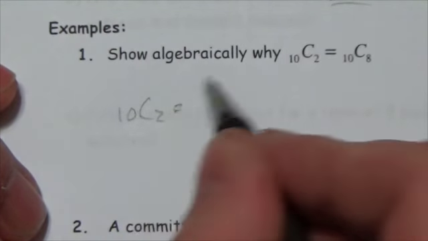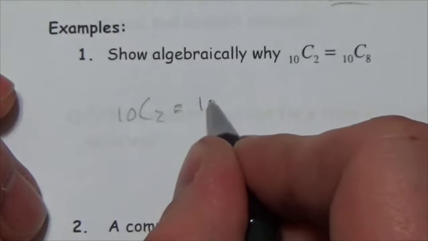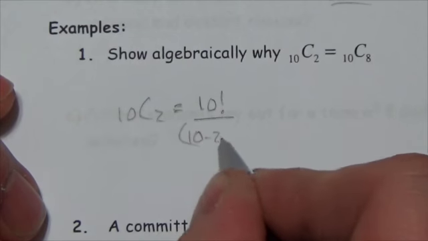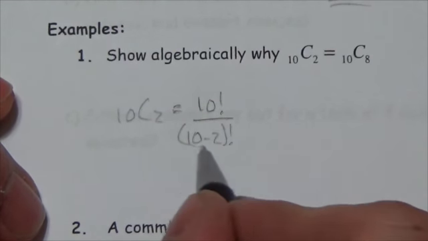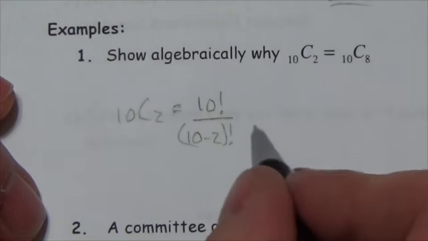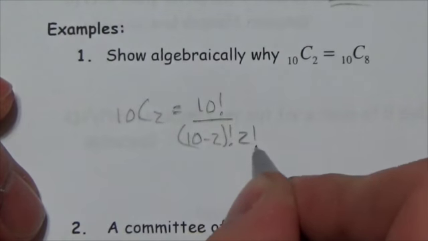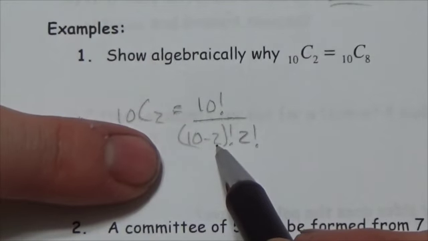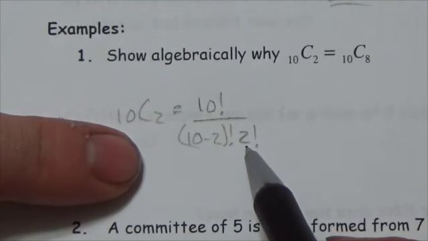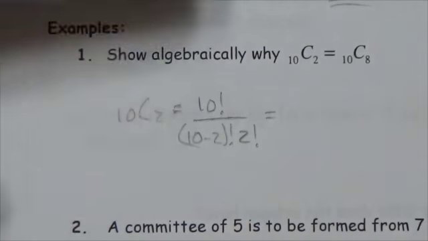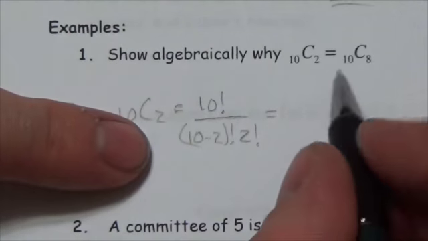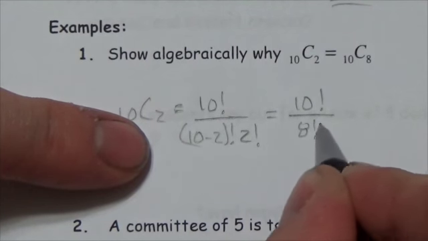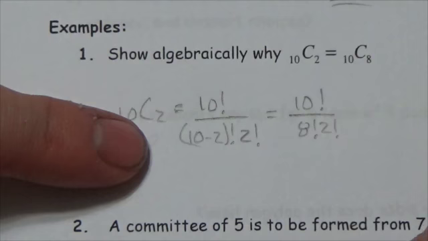If I write this using factorials, I get 10 factorial divided by the left side minus the right side, so 10 minus 2 factorial, and then the right side factorial. Simplifying, 10 minus 2 is 8, so this is 10 factorial over 8 factorial times 2 factorial.